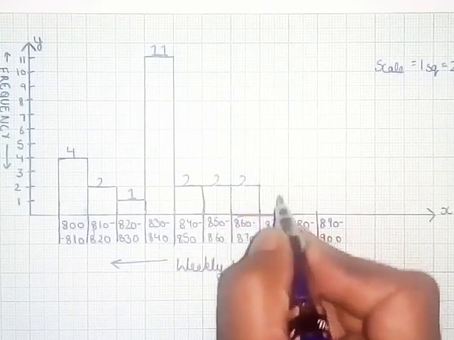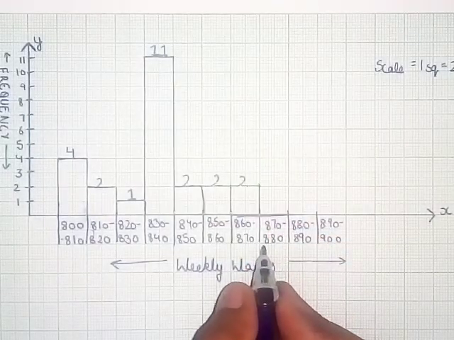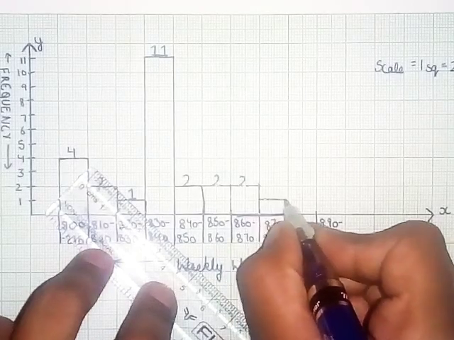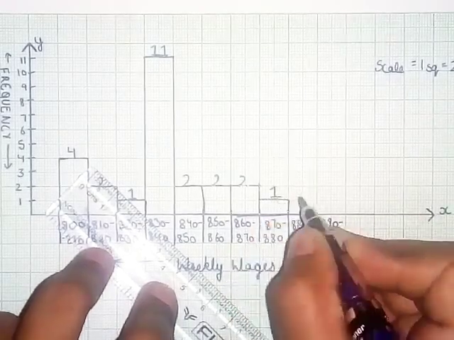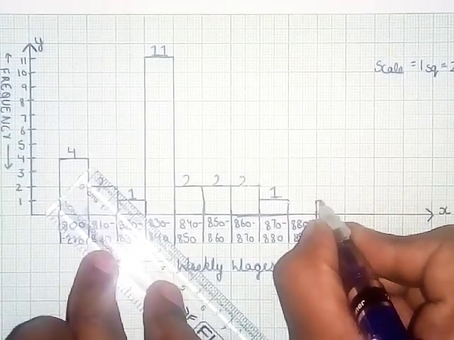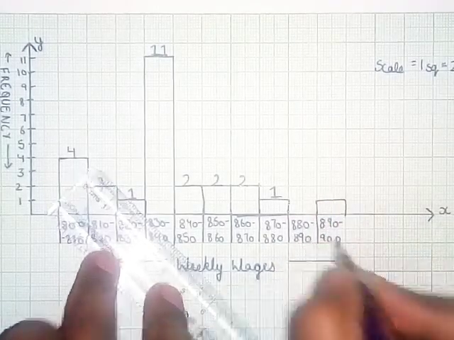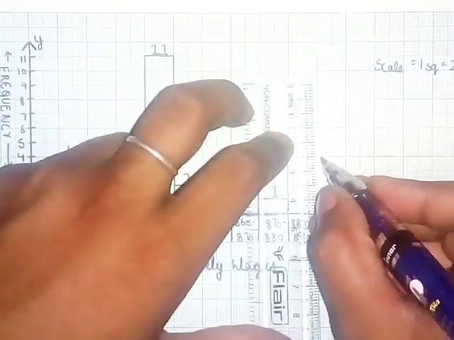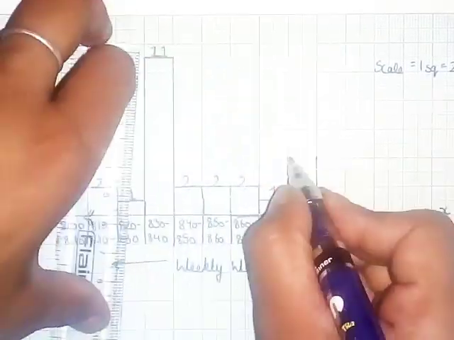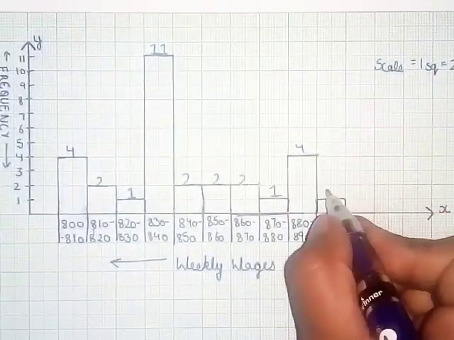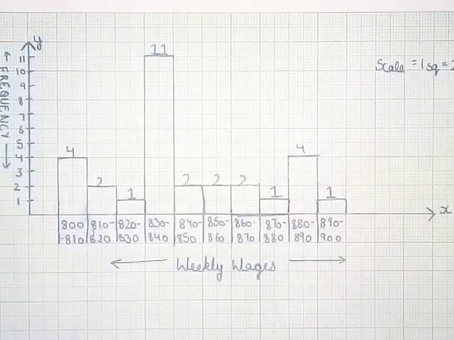Now 870 to 880, it is 1. Now 880 to 890, it is 4. Yes, 4. And 890 to 900, it is 1.